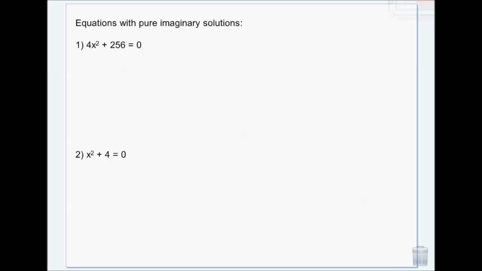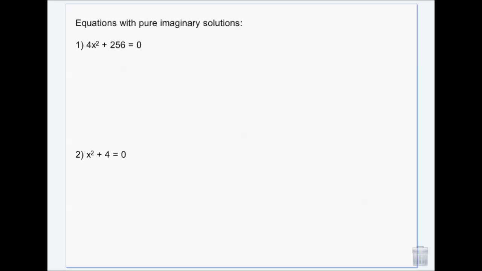All right, so we have equations with pure imaginary solutions. I can factor a 4 out of here, but that really doesn't do me a lot of good, because it's not a difference of squares, so it's not factorable with just 2 terms.